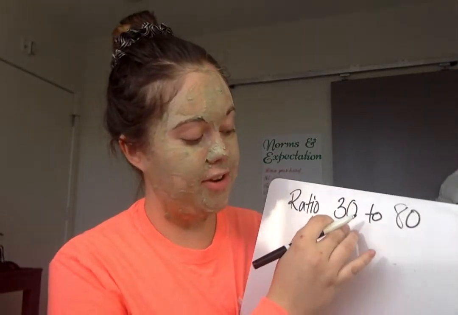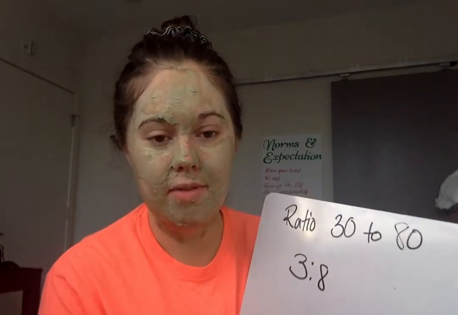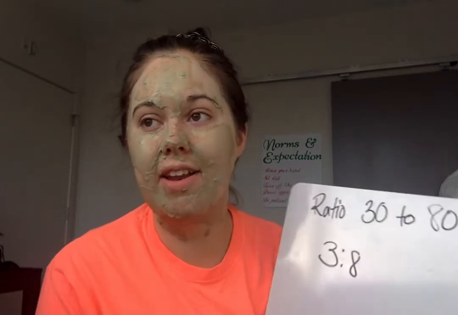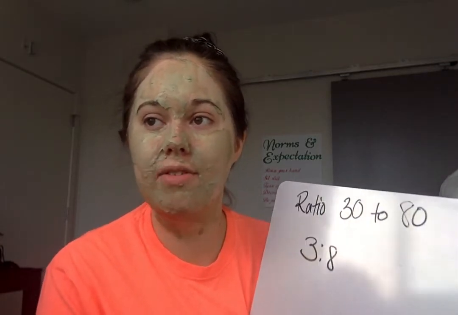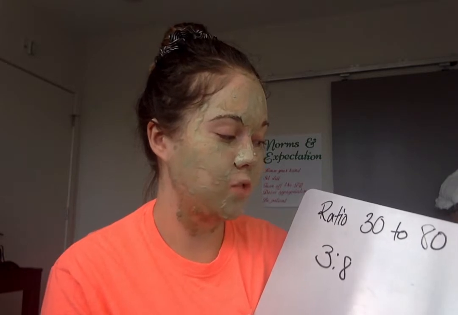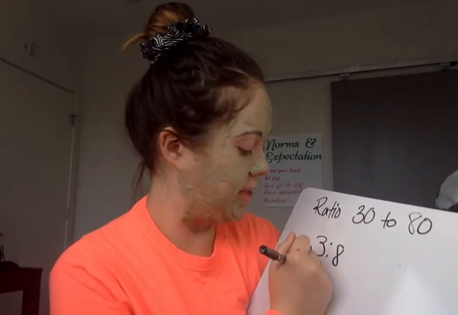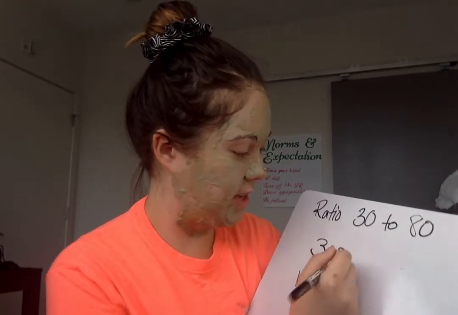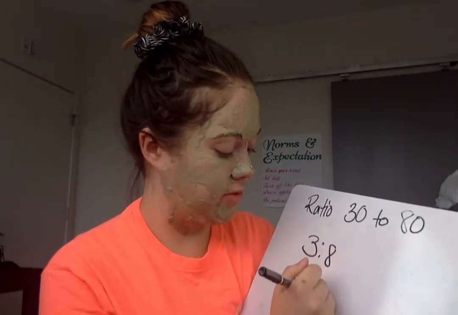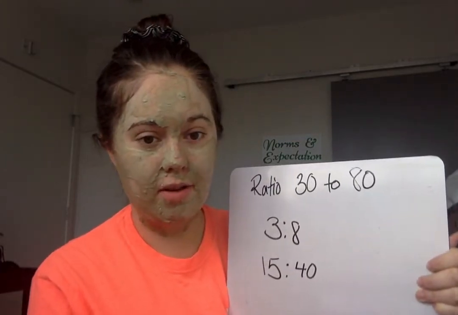Right? 30 divided by 10, 80 divided by 10, you end up with 3 and 8. That's scaling down. Another example of scaling down might be, well, what if I divide both by 2? So 30 divided by 2 is 15. 80 divided by 2 is 40. There we go.